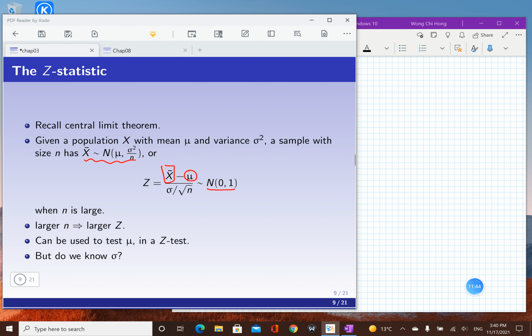The difference will be exactly 1. If your mu is 50, you're testing it, and your sample mean turns out to be 51, the difference will be 1, but this is not enough for us. Is 1 large enough?